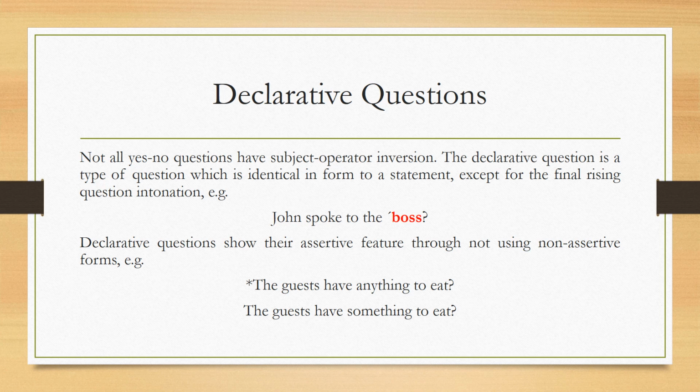We have to use the assertive form. So the correct form for such a question is: the guests have something to eat? You see, here we have used something, although this is actually a question and not a statement.